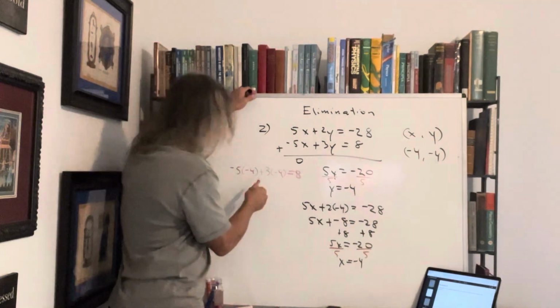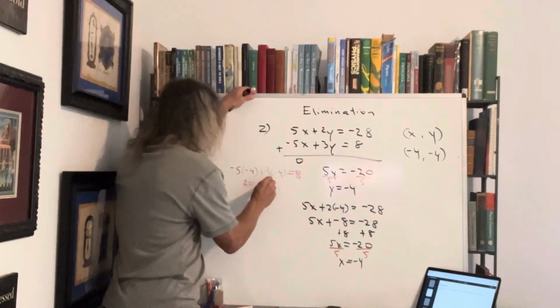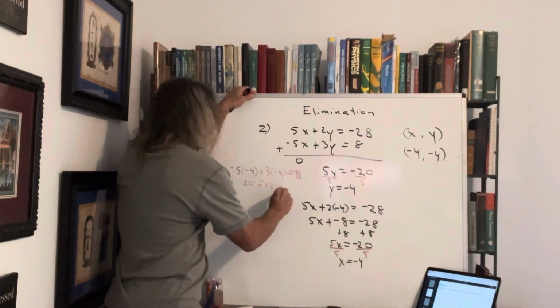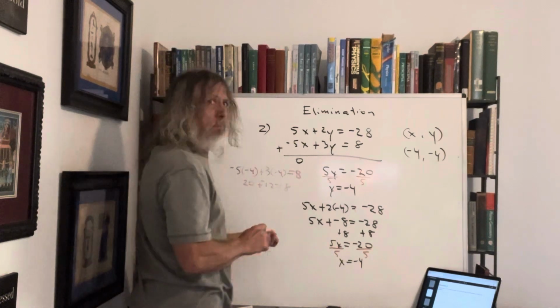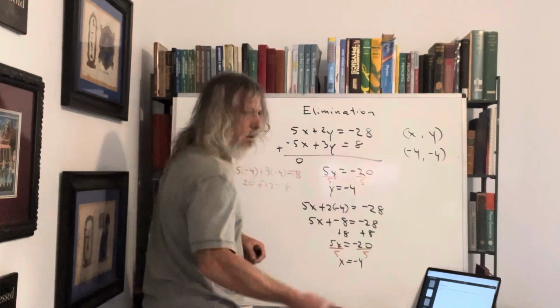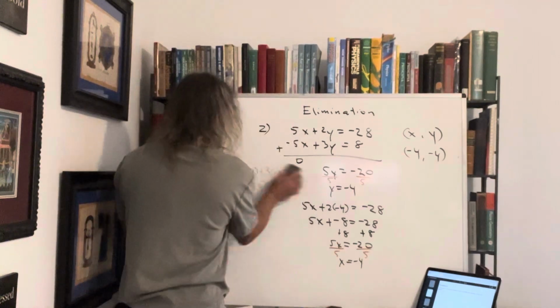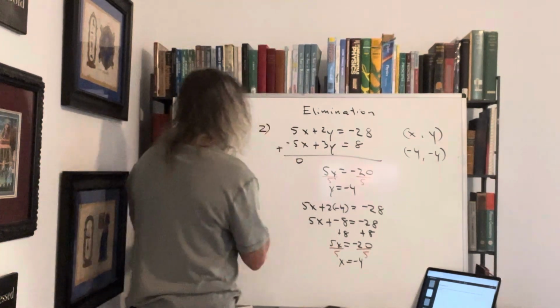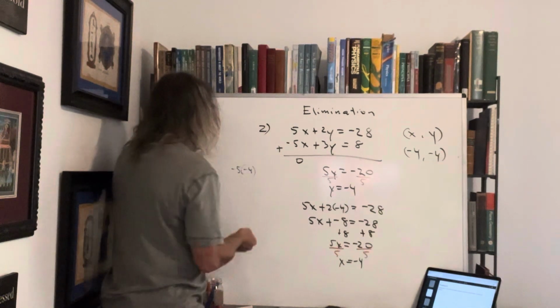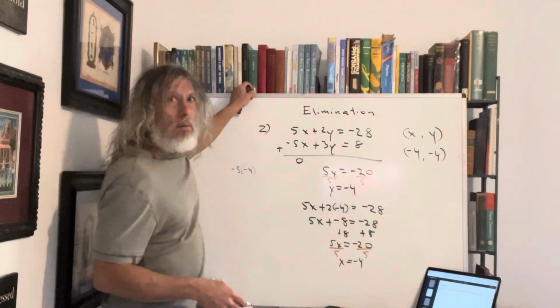Negative 5 times negative 4 is 20. That's negative 12. Not very dark. Trash can. Do over. Negative 5, negative 4. A little better.